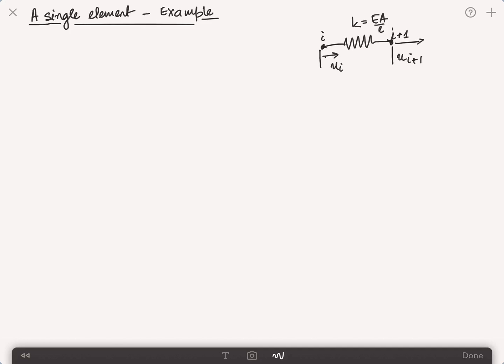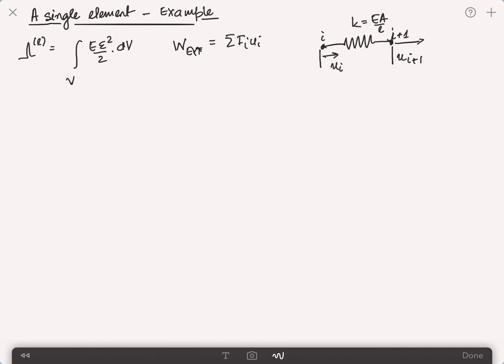If you remember, we had set up the strain energy for an element, which was given as the volume integral of E epsilon square by 2 dV. At the same time, we had set up the work done externally as a summation of Fi ui. Now the work done externally is quite simple.